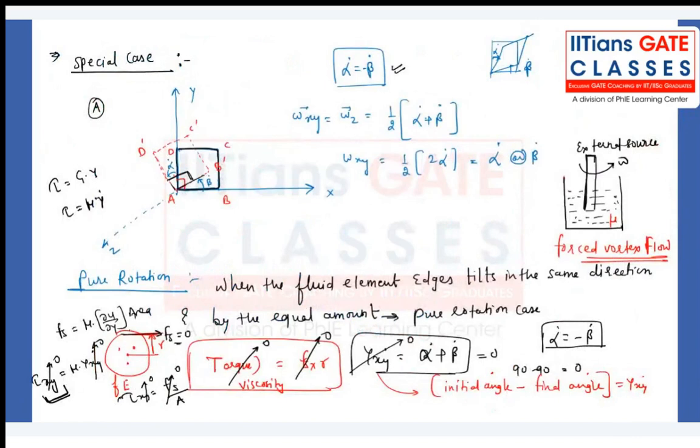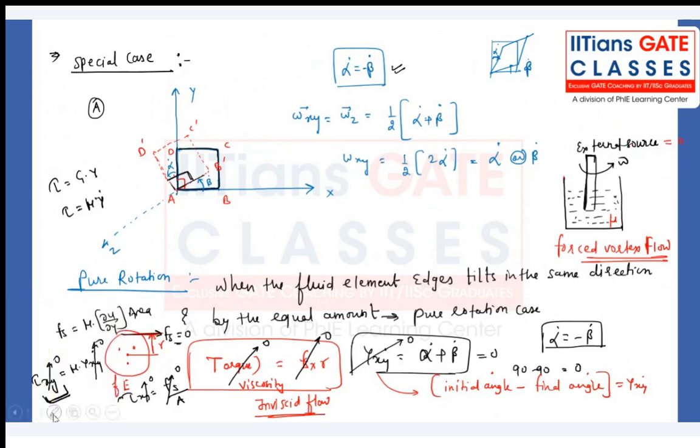Here we have pure rotation, inviscid flow. But if it is a pure rotation, that inviscid flow will become rotational flow. But if external torque is not there, if external source is not there, then inviscid flow will always be irrotational flow. But one condition, external source or external torque should not be there, right?